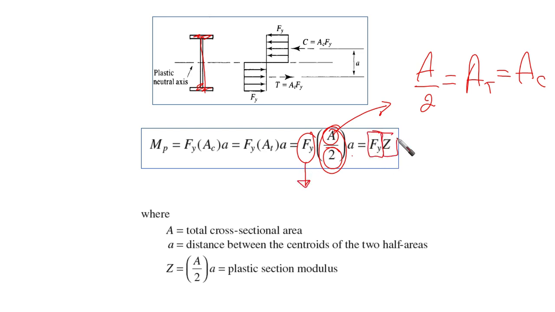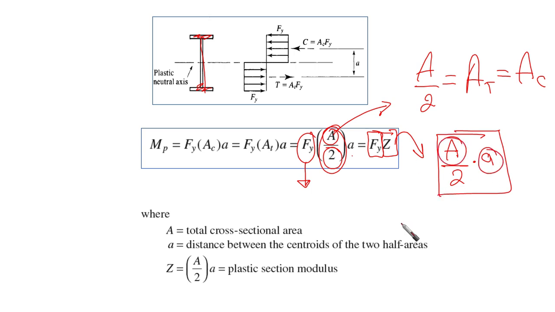And then Z, we're going to give it a name here. We call it the plastic section modulus. It equals A over 2 times a. Capital A means the area. Small a is a distance, as you can see. So A and a should be given designations.